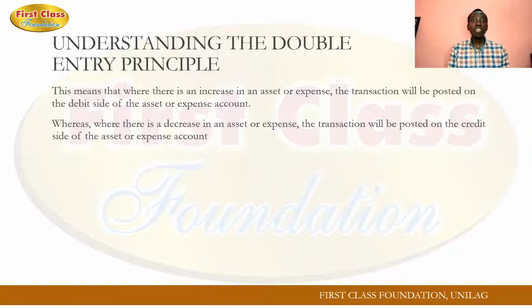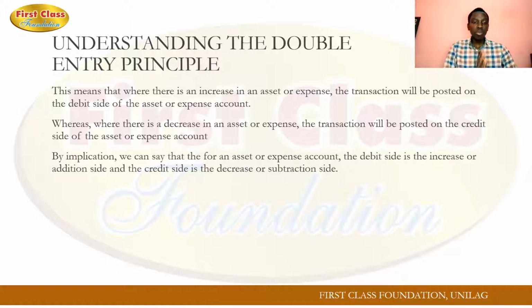We said that the default balance of an asset or expense account is debit. So where there's an increase, you are posting it on the default side, which is the debit side. And where there's a decrease, it's going to be posted on the other side, which is the credit side. So by implication, we can say that for asset or expense accounts, the debit side is the increase or addition side, while the credit side is the decrease or subtraction side.